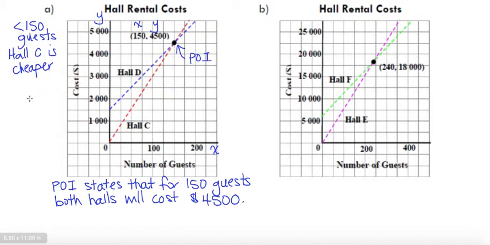And if we have more than 150 guests, so after our point of intersection, which line is lower? It's the blue line, which refers to hall D. So hall D is cheaper.